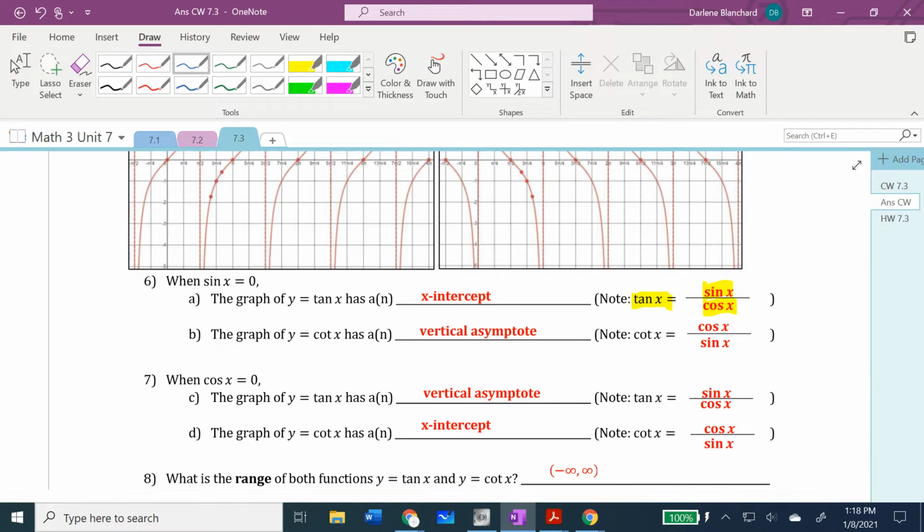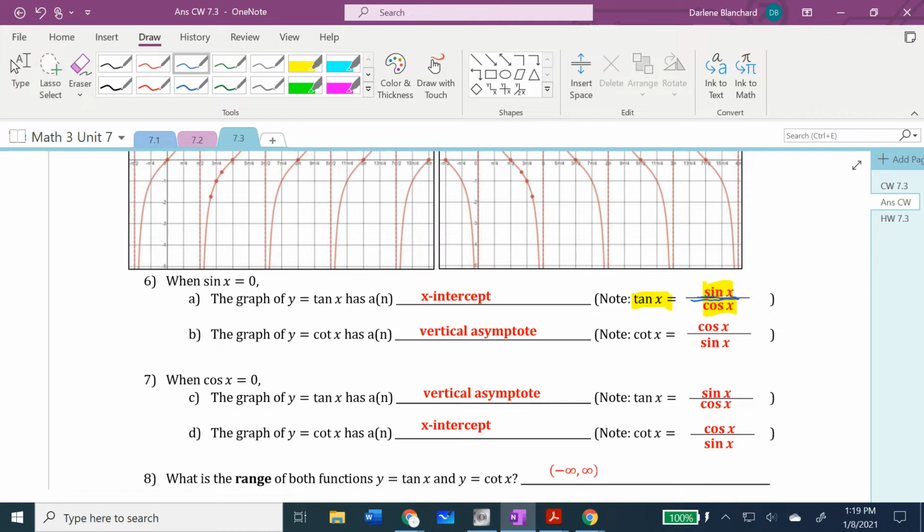This was meant to be a division bar. That's what I was hoping you would see. And with undefined, it plots as a vertical asymptote when it's undefined because it is heading to infinity.